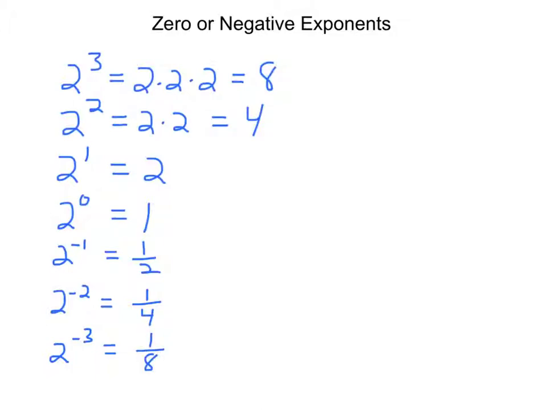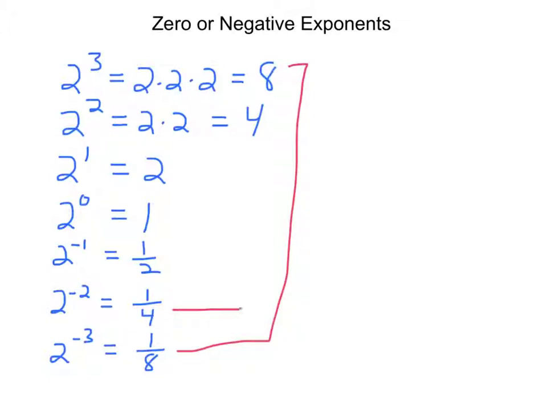Now notice there's a pattern here. 2 to the third power was 8 at the beginning. If you look way down at the bottom, 2 to the negative third power is 1/8. So notice those two match up. They're reciprocals of each other, 8 and 1/8. Similarly, 2 to the second was 4, and 2 to the negative second was a quarter.